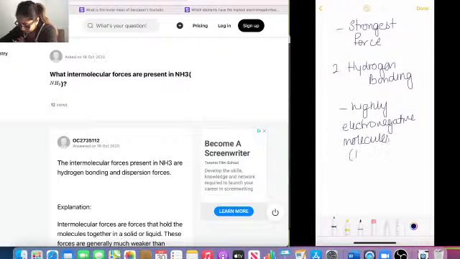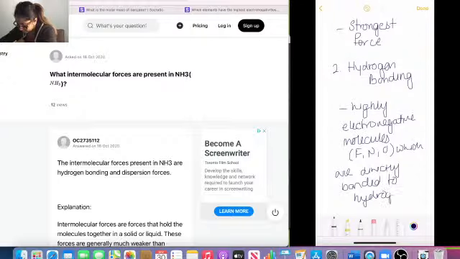Right, so this is fluorine, nitrogen, oxygen. And so these are directly bonded to hydrogen. This is why it's called hydrogen bonding.